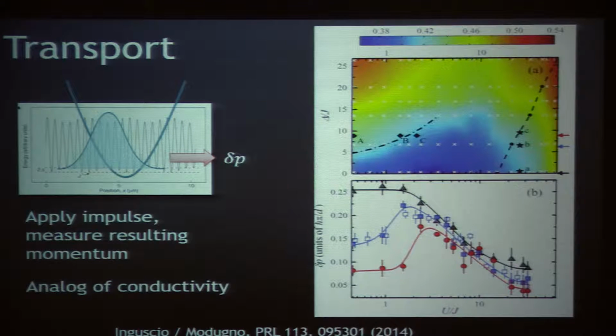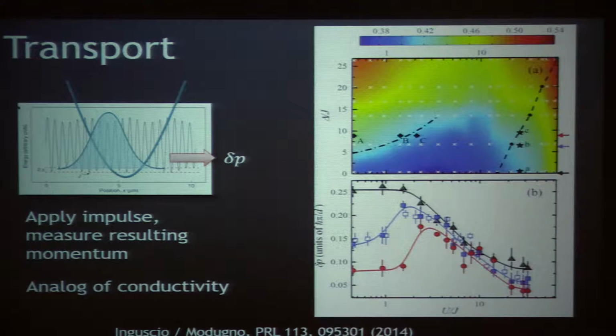And as they turn up the disorder at low interactions, the conductivity falls. And then as they turn up the interactions, they seem to foil the localization to some extent and restore some of the conductivity. Okay, so there's lots to say. They did many measurements in this paper, but the observations are that yes, the disorder seems to reduce the conductivity.